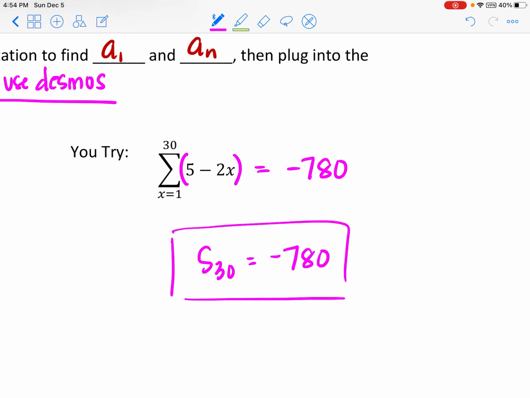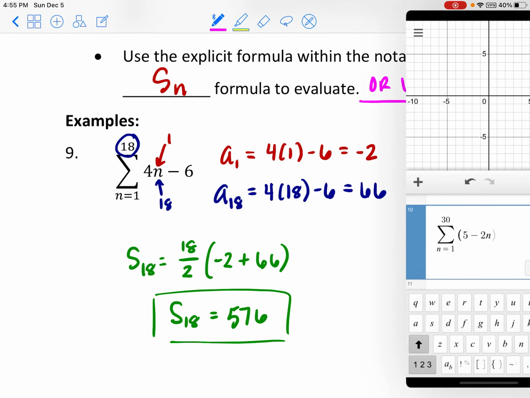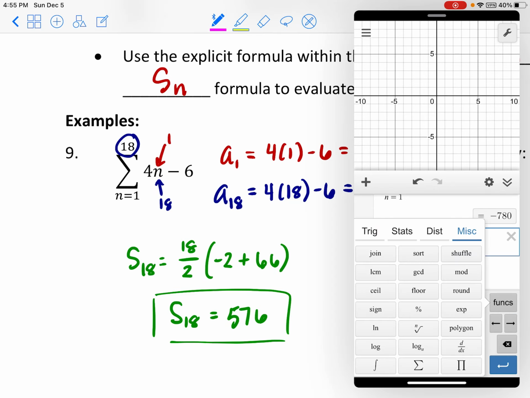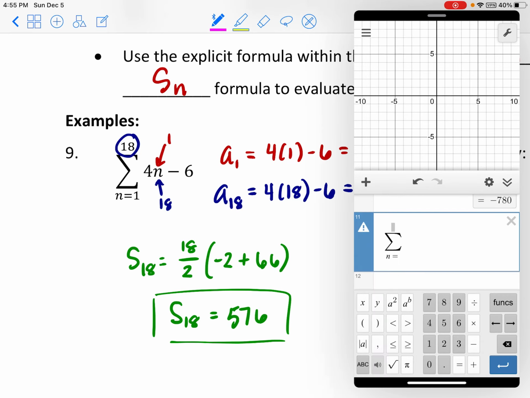Okay, and if you're just not convinced, let me show you the one that we just did. So again, put this in here. Back to my keyboard. So functions, miscellaneous. So this last one we went from the first through the 18th term.